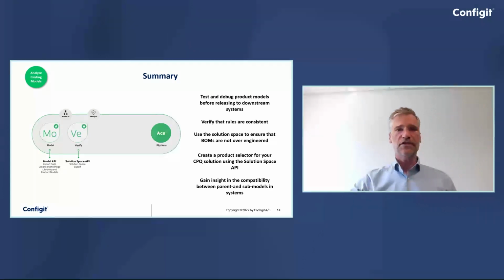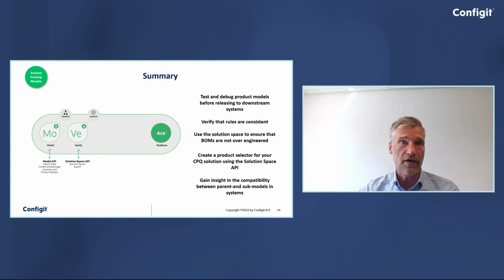Another application we've seen of the solution space API is that you can use it to verify that your interfaces are correct if you work with multiple product models. So the idea is that if you work, for example, with system-level configuration in ACE, and you have linked a submodel to a parent model, you can construct the solution space for the variables that define that interface between those two models.